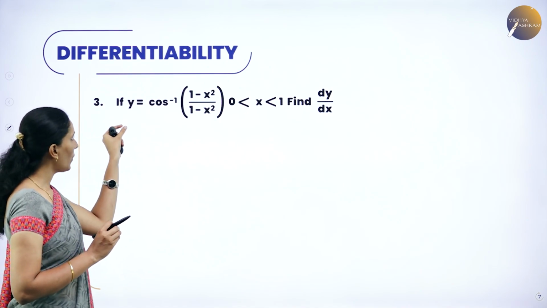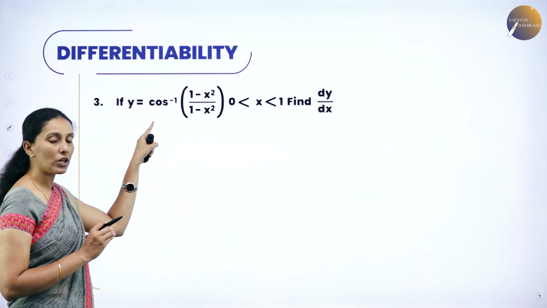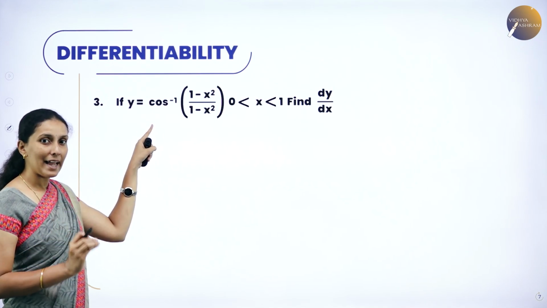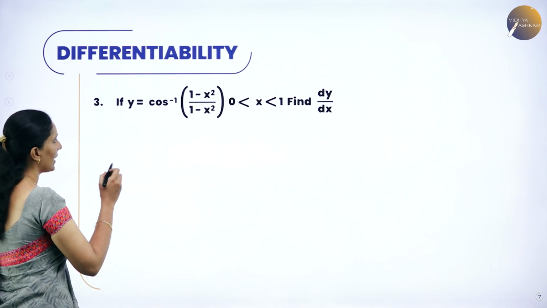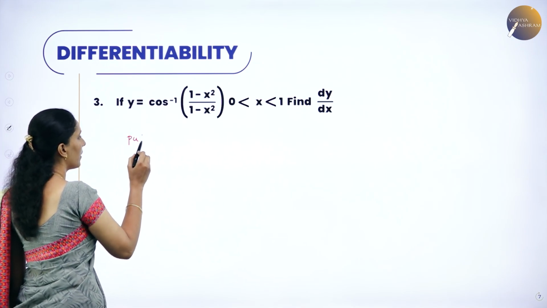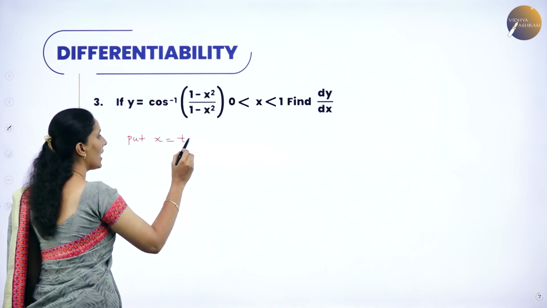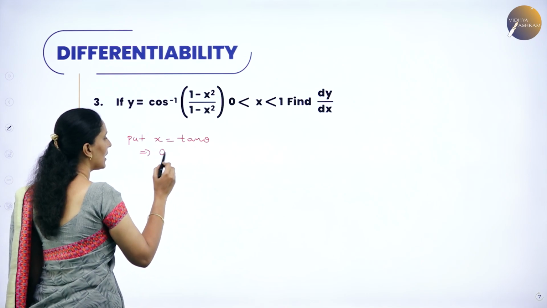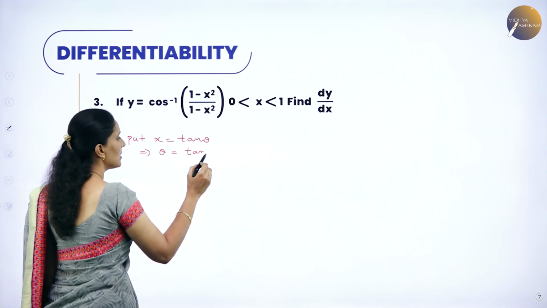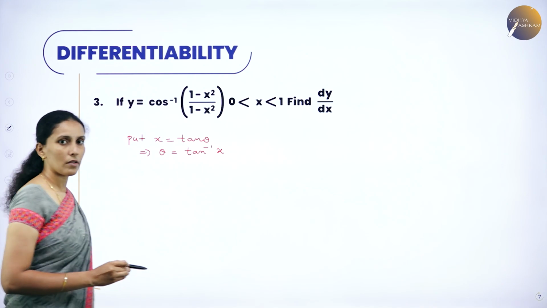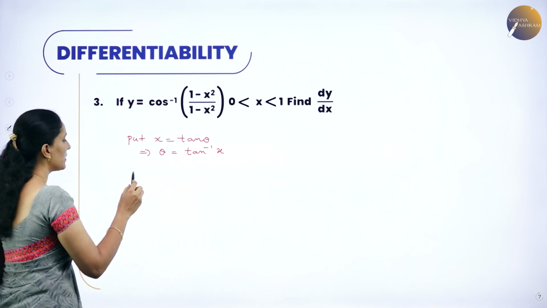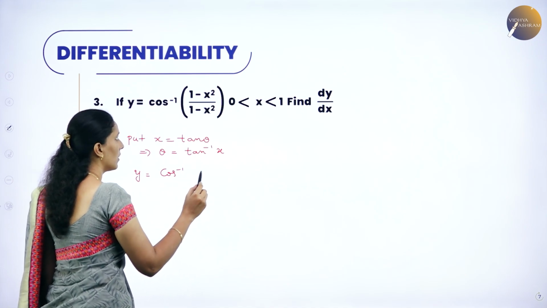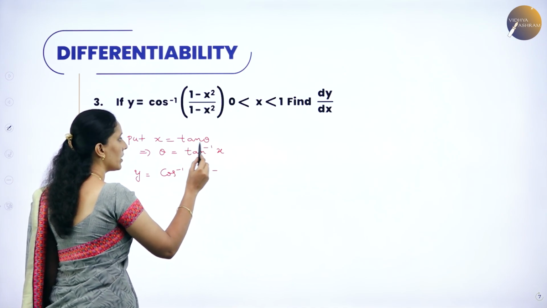So whenever the equation is given in terms of inverse trigonometric functions, first convert it into simplest form and then derive it. So here, put x is equal to tan theta. Then this implies theta is equal to tan inverse x. So y is equal to cos inverse of, in the place of x, just replace tan theta.